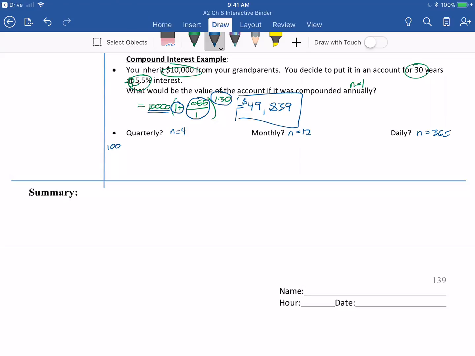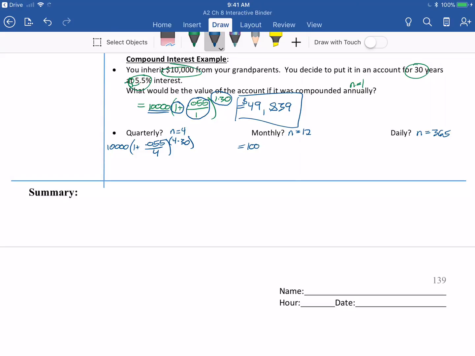For quarterly, I get 10,000 times 1 plus 0.055 divided by 4, raised to the, and here's where I like to write it, 4 times 30. Put that in parentheses as everything up top, because when you plug that in your calculator, you don't want to raise it to the 4th power and then multiply that by 30. You have to make sure you raise it to the 120th power. Hopefully that makes some sense.